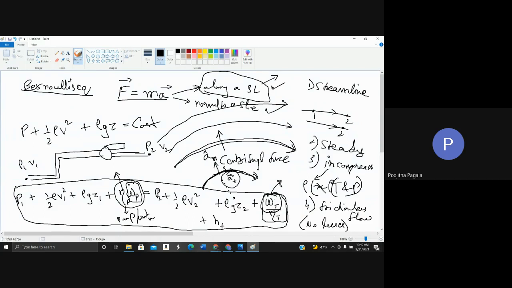Once again, WT should be the work per unit mass of the fluid. And HF corresponds to the losses per unit mass of fluid.